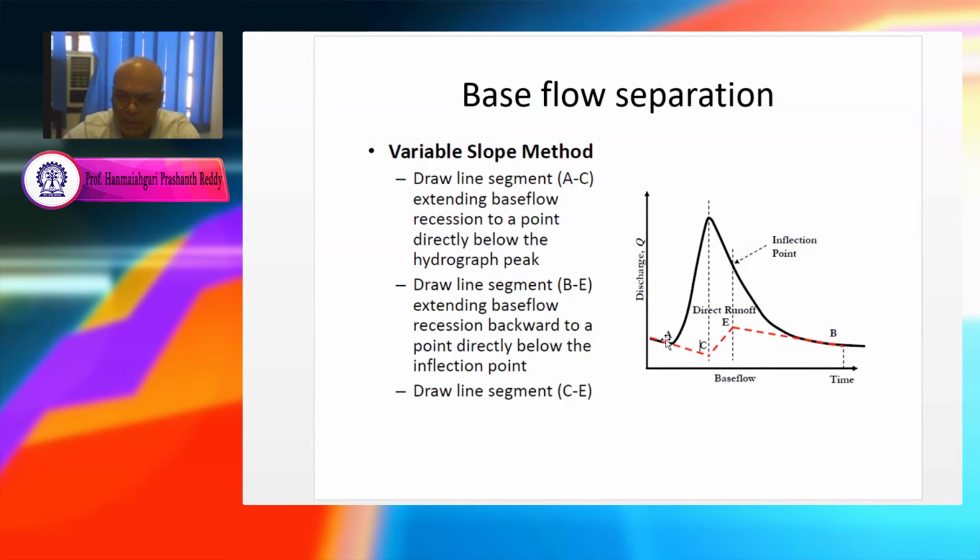This completes the red line that separates base flow from direct runoff. Above is direct runoff, below is the base flow. These methods are mostly used, and among these three, the first, the fixed base method, is the most popular, and the easiest is the straight line method.